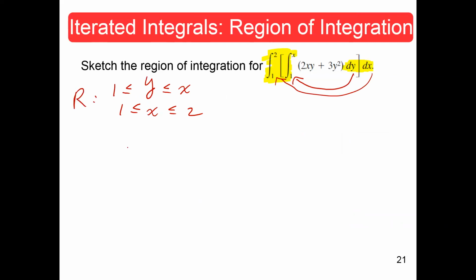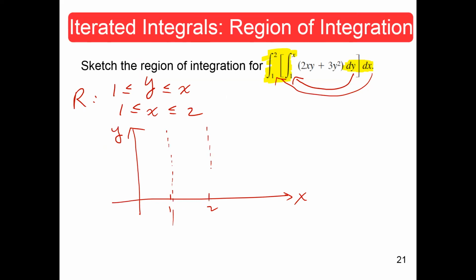This will be our main topic for next lecture, but here, let's introduce the idea. First of all, it's easy to see x is between 1 and 2. So 1 here, 2 there. So x must be between these two vertical lines, right? Y is between these two values.